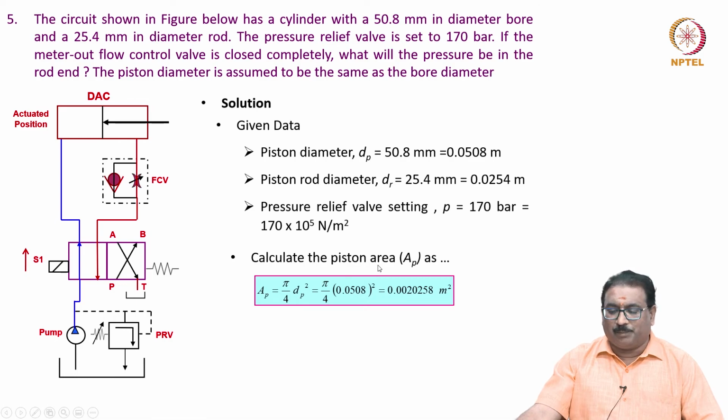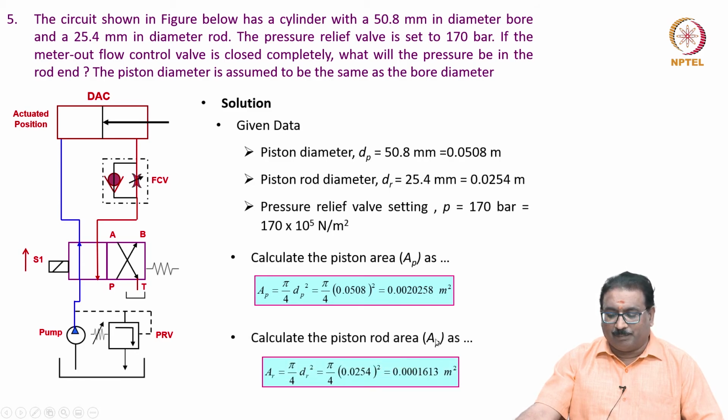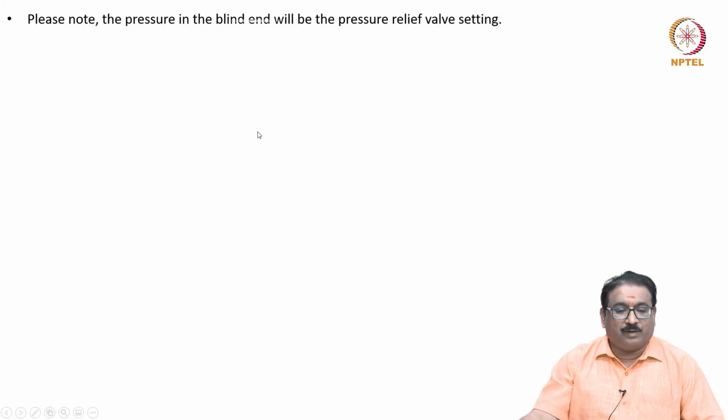Now you will calculate the piston area AP equals pi by 4 dp square. dp is given here, you will get it here. Similarly, the piston rod area you will calculate as pi by 4 dr square, friends, substituting the value directly. Please note, the pressure in the blind end will be the pressure relief valve setting.